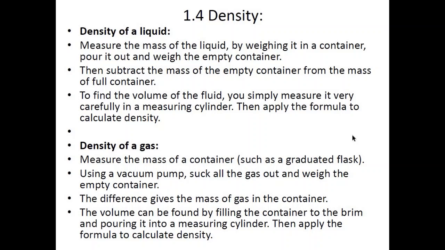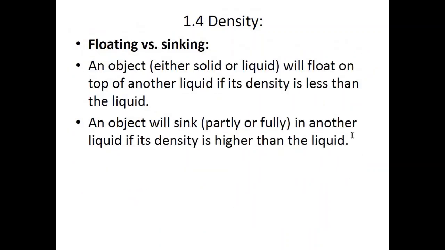So to find the volume of a container, fill it to the brim with water, and then pour that water out into a measuring cylinder and check how much water was there in that container. Once you have the values of mass and volume, you can plug them into the formula and calculate the density of a gas.